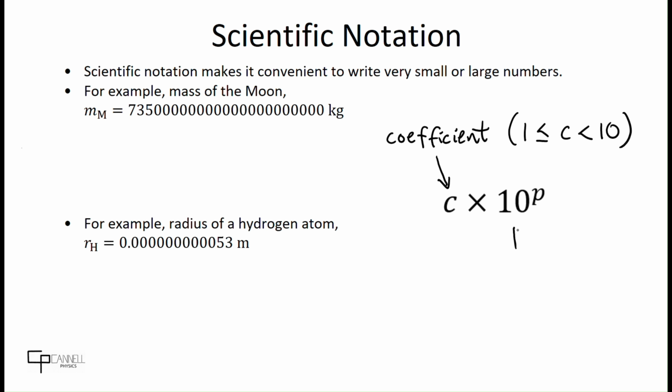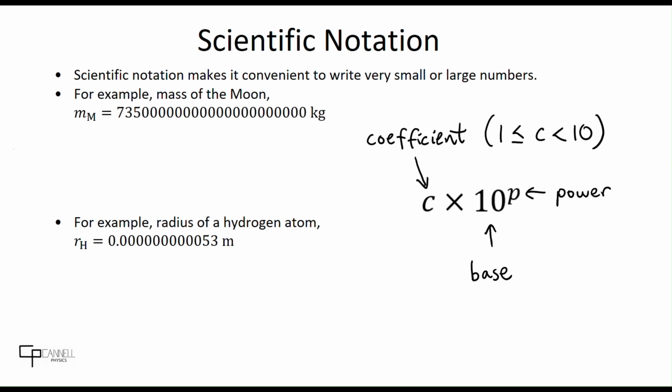This here, 10, is known as the base, and it's always 10. So I'll just neaten that up a bit. And finally, this lowercase p is the power, which is usually a whole number.